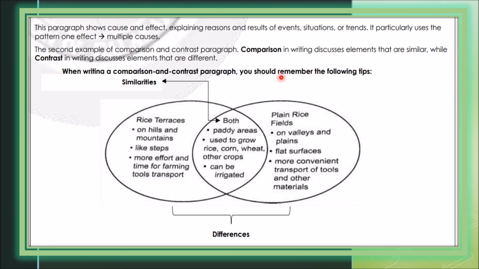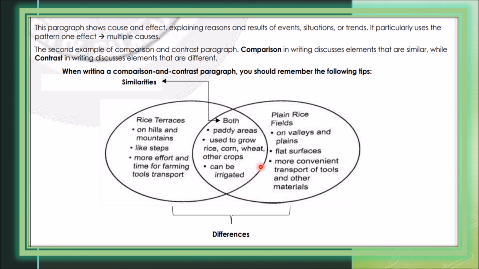So as you can see here, we call this one a Venn diagram, right? What do you call this one? Venn diagram. So as you can see, when we use the Venn diagram, we have these similarities and these are the differences.